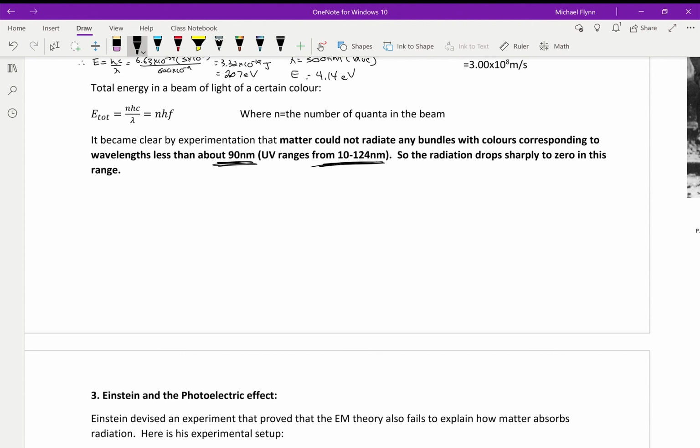Anyway, you try to understand this with a wave model, and you can't. I can't stress this enough.